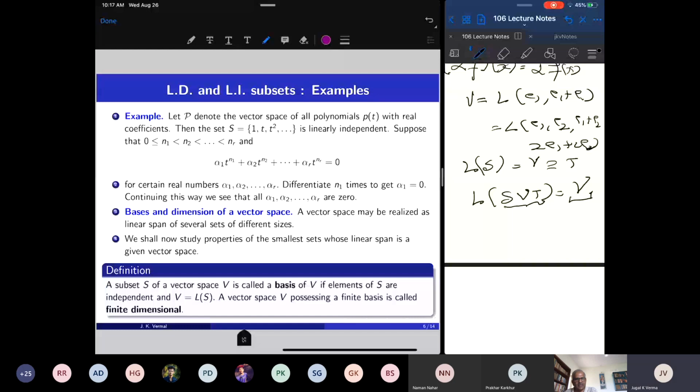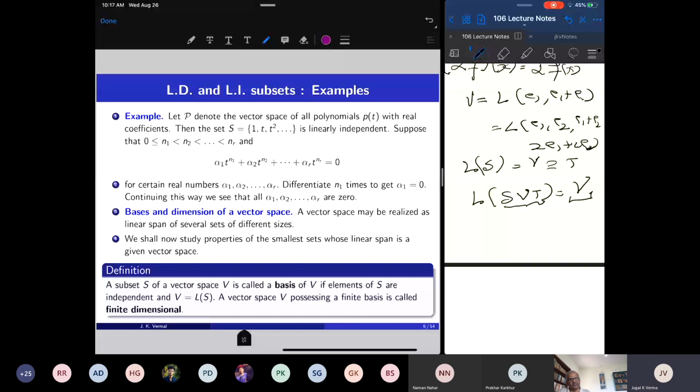If a vector space has a finite basis, that is, it is the linear span of a finite set, we say the vector space is finite dimensional, otherwise it is called infinite dimensional. So you can expect that the vector space of all real polynomials will be infinite dimensional. Because if I take finitely many polynomials, they have bounded degree. There is an upper bound on the degree.